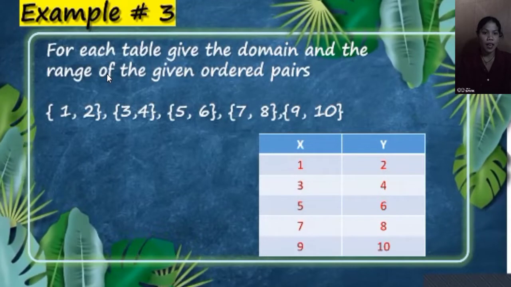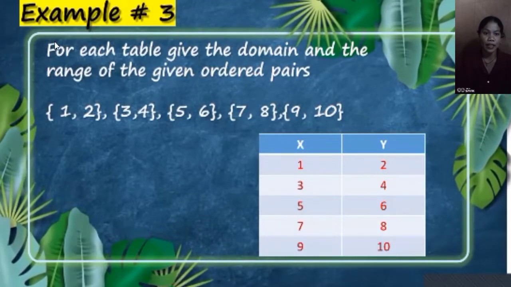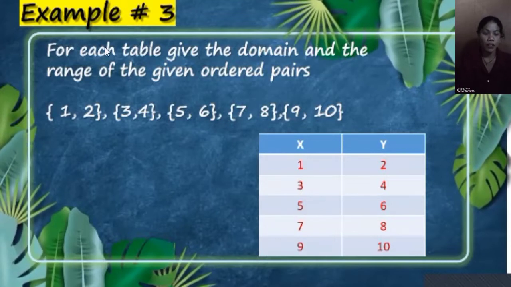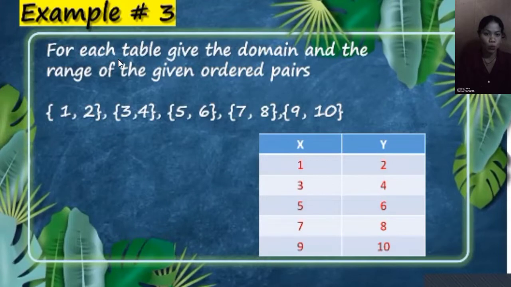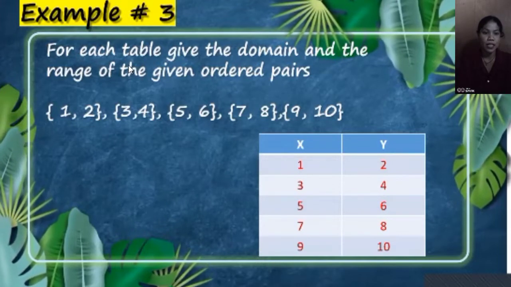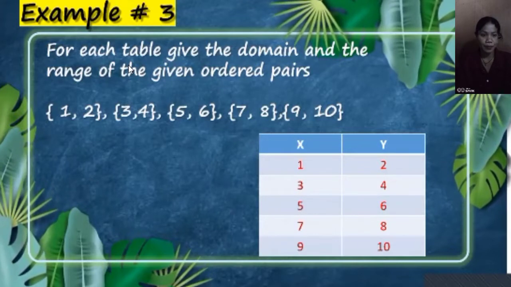Okay. Example number 3. For each table, give the domain and the range of the given ordered pairs: (1, 2), (3, 4), (5, 6), (7, 8), (9, 10).